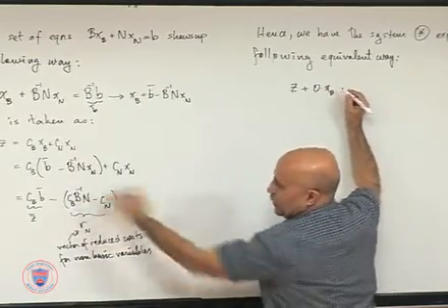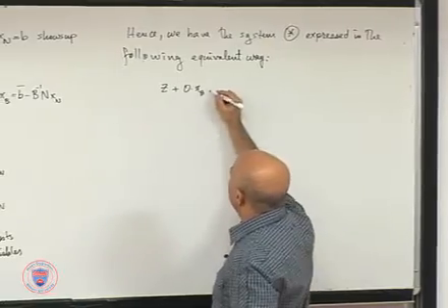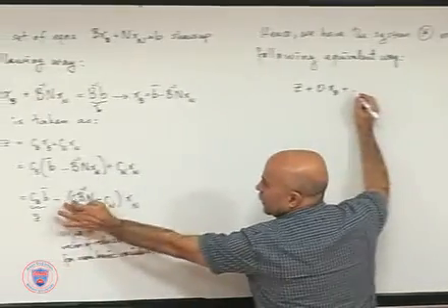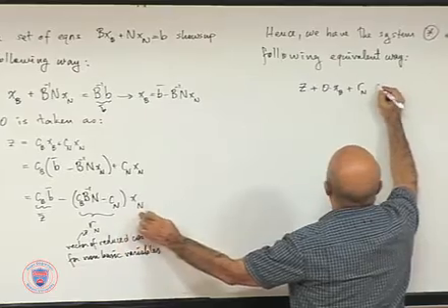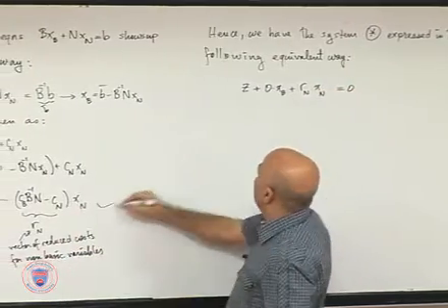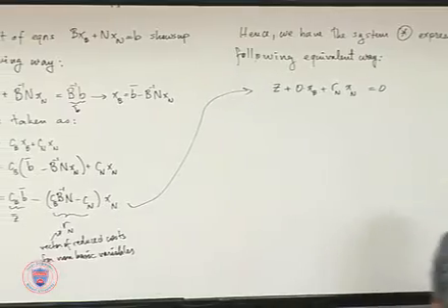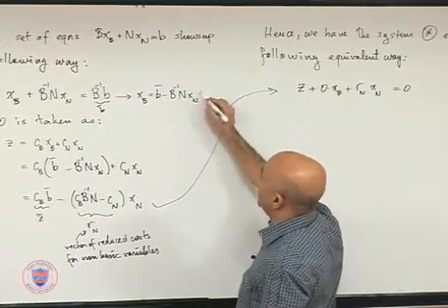There's no xb here. For that reason, it has a vector of zeros in front of it, plus Rn times xn, that's equal to 0. I'm just taking it from here, okay? And the other part, we're taking it from here.